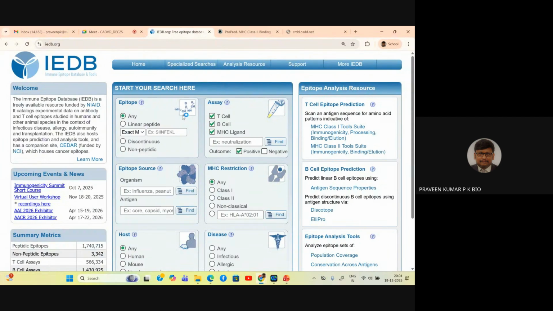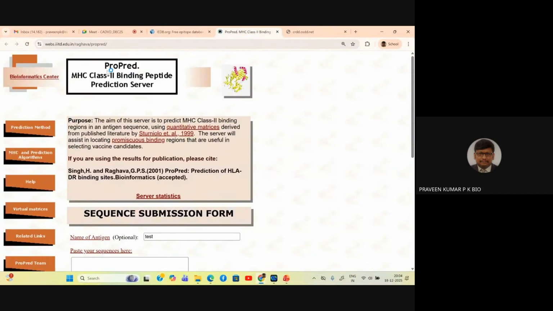So more about the usage of IEDB and other tools like ProPred. ProPred is an indigenous server from our country, from IIT Delhi. A professor called Raghava has developed many tools for immunoinformatics. One such tool is ProPred, which is an MHC class 2 binding peptide server.